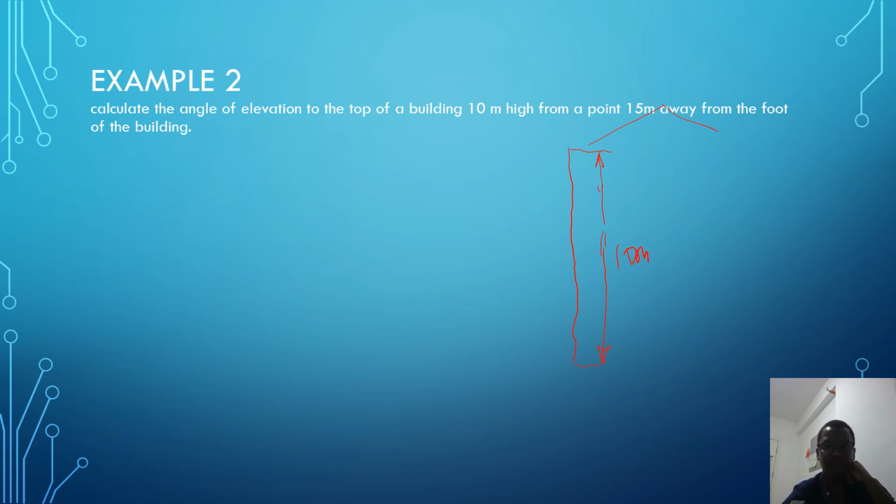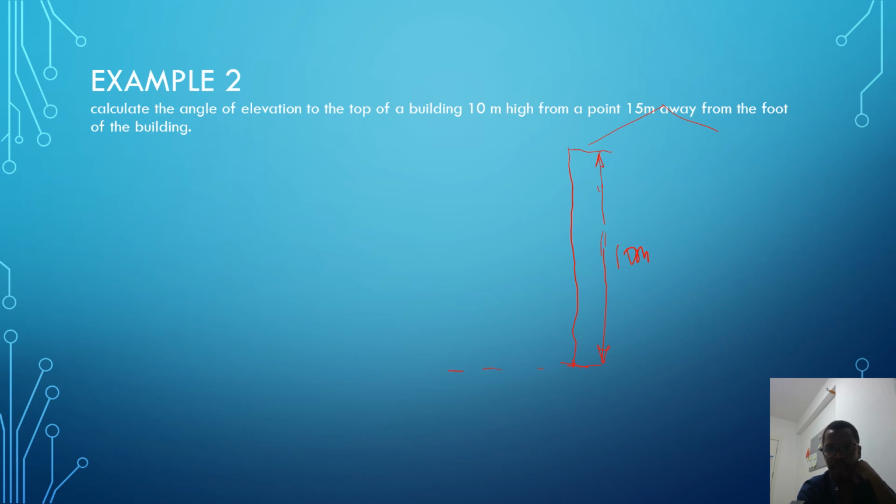Now they're also saying calculate the angle of elevation. So it's a matter of calculating the angle of elevation. Now they're saying from a point 15 meters away from the foot of the building. So this is the foot of the building, the ground there.